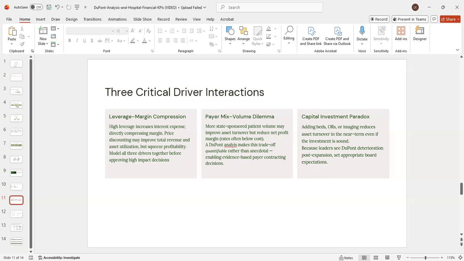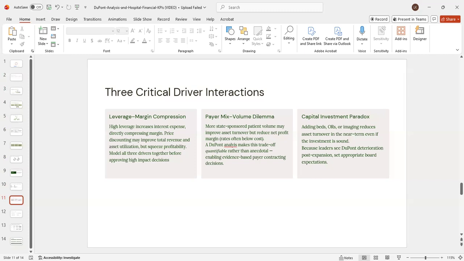But there's a risk here. If you slash length of stay considerably and you manage patient transitions poorly, what will then likely happen is that your readmission rate will spike, and especially if you are heavily reliant on state-sponsored programs, then the higher readmission rate will often trigger penalties, which then tend to compress your margins right back down.